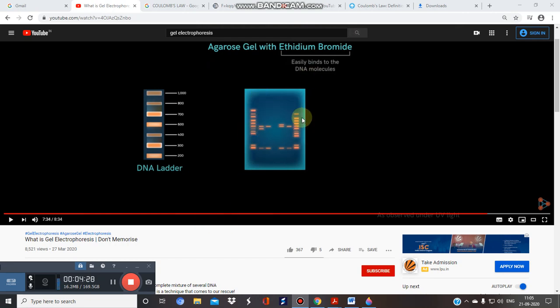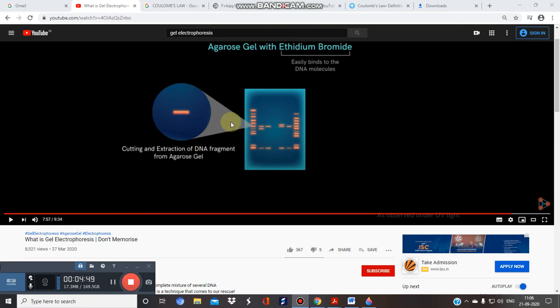The next step is to compare. When we get these results, we have to compare our bands with the standard results for which we already have the data. That is known as the DNA ladder. So we will compare our results with the standard DNA ladder and calculate or observe the band sizes.